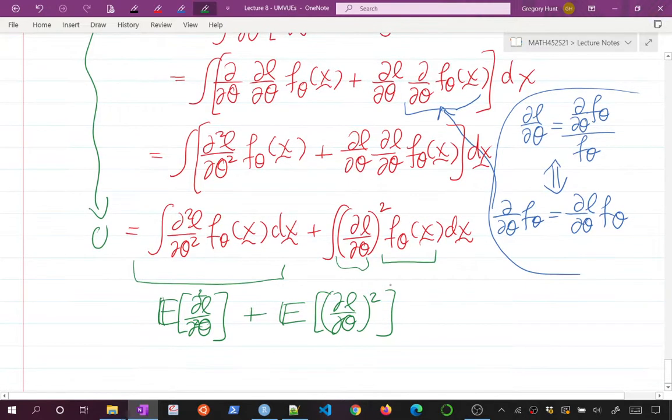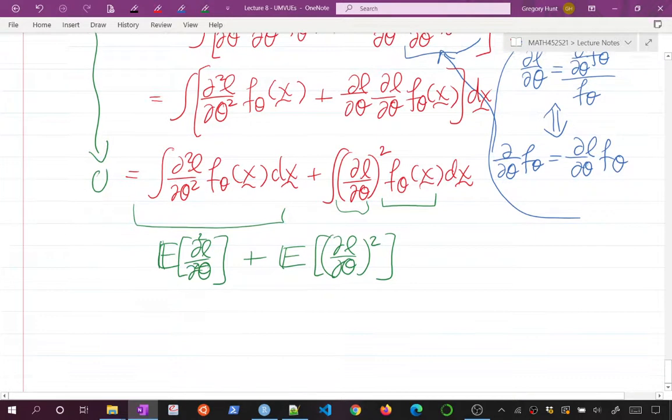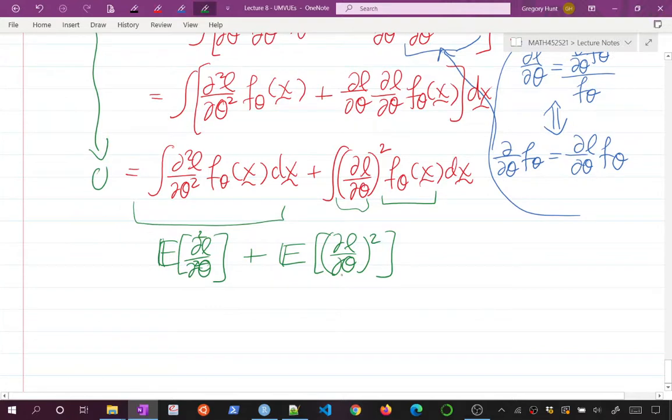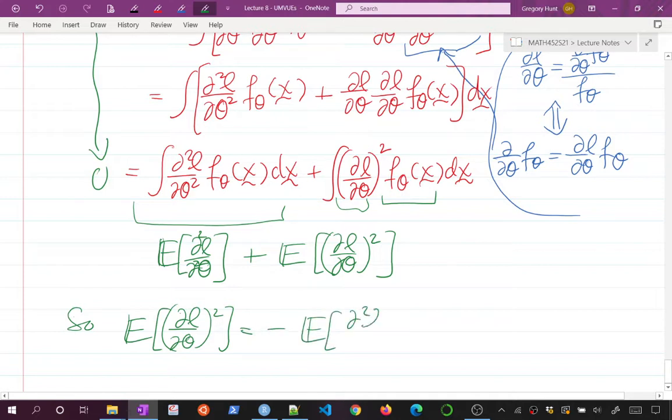Normally, dl d theta is the deterministic one, but we're viewing these now as random quantities, okay? And so the sum of these things is equal to 0. So pick your favorite. Let's say the expected value of the square is negative. We can bring that to the other side of the expected value of that.